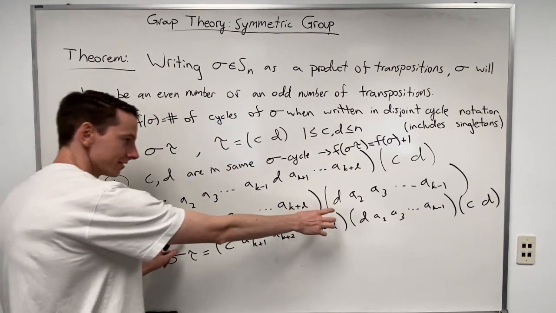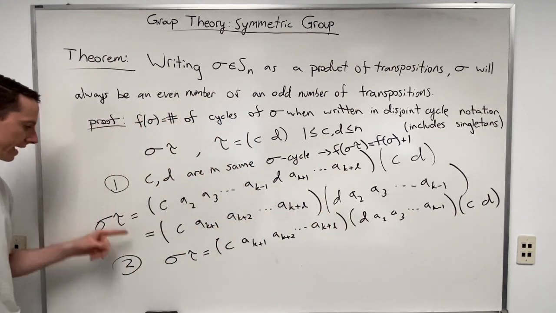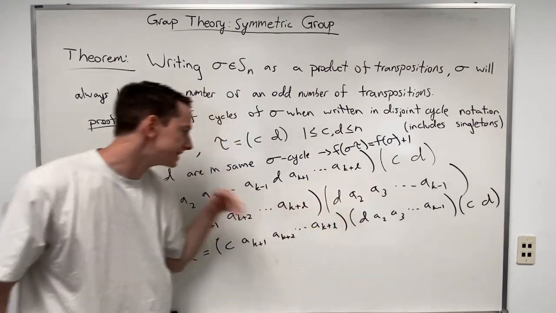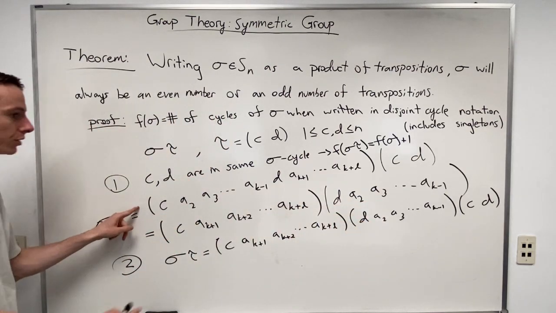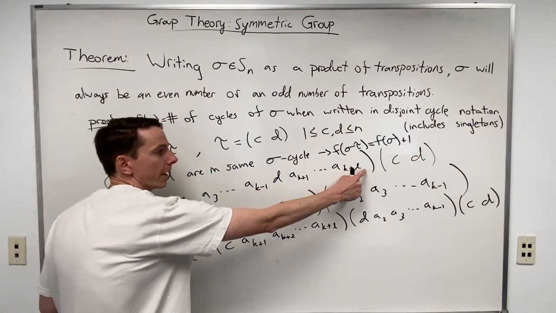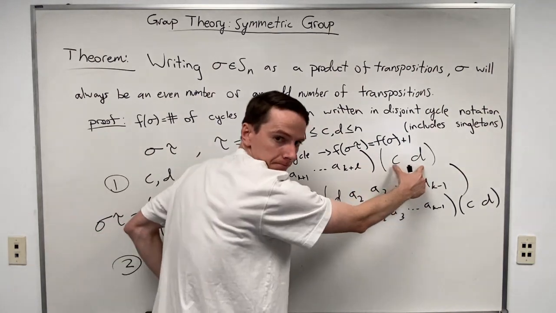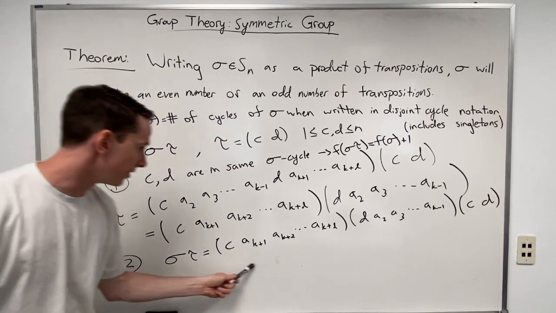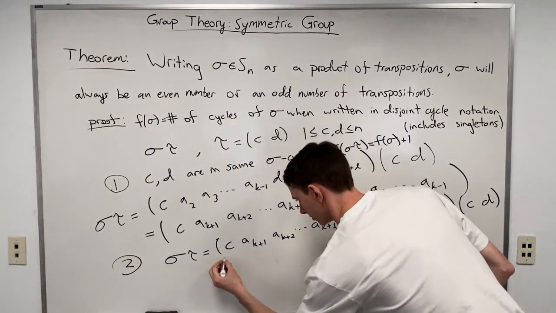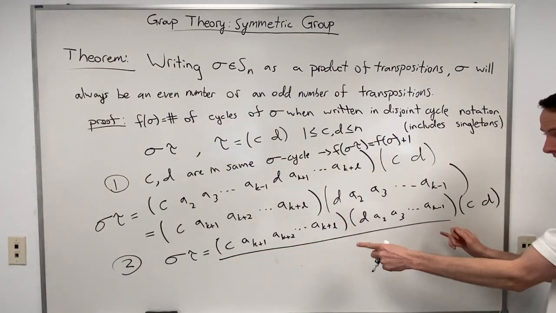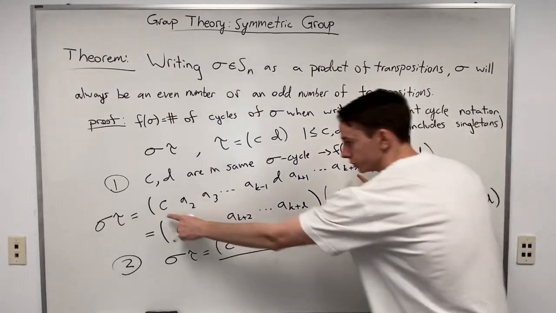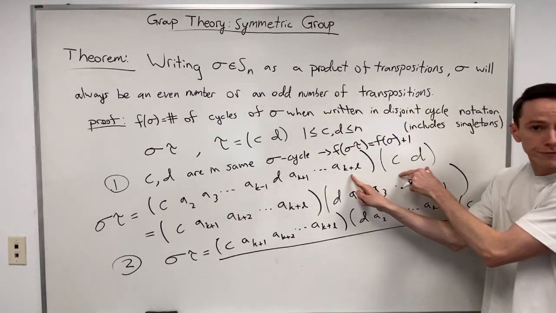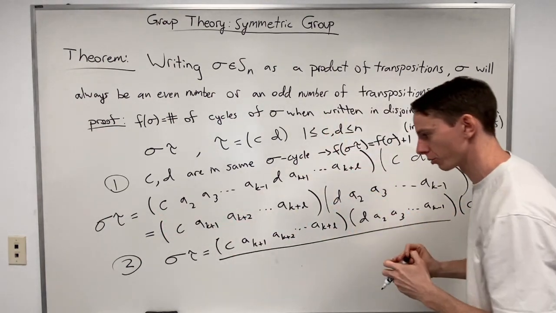In this thing, the bottom line of case 1, this thing is equal to a single overall cycle and then the transposition CD. So I'm just going to make that substitution in here. This thing is equal to this with another factor of CD. That's what we established in part 1.